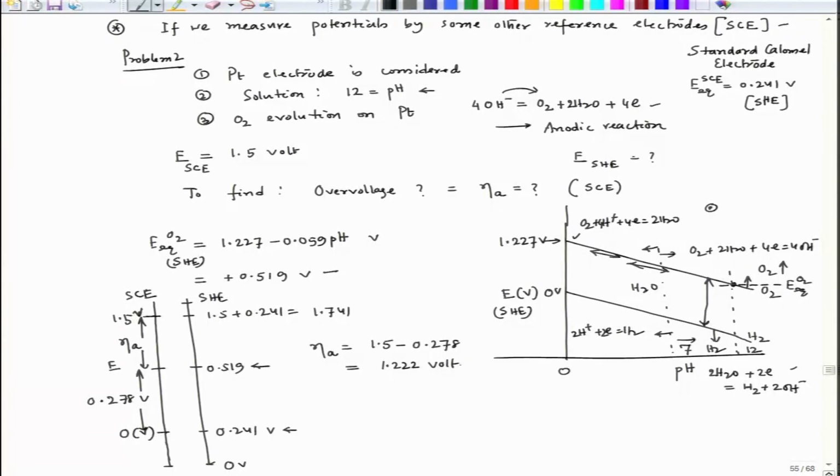So this is going to be the overvoltage that I would experience, because the equilibrium point corresponding to the standard calomel electrode, I will see the voltage to be 0.278 volt. So this becomes my eta A, and this is the value we are going to see.